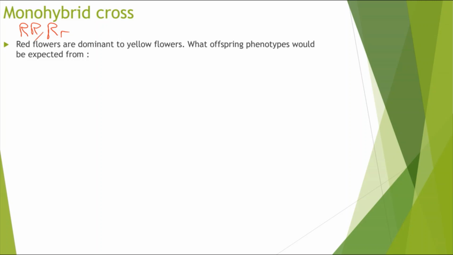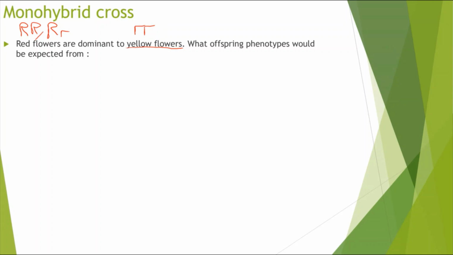So I could have a heterozygous and it would still be expressed. Whereas for a yellow flower, we would have to have both recessive alleles for it to be expressed. So that would be a lowercase r and a lowercase r.